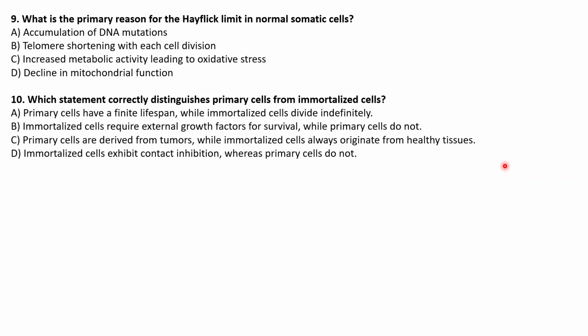A. Yeah, good. So that's correct. It is A. Primary cells have a finite lifespan, while immortalized cells actually divide indefinitely. So I explained that, right? That they have high telomerase activity, typically immortalized cells, which allows the telomeres to be maintained. They don't shorten, so they can divide again and again. While that's not the case for primary cells. Okay. All right. I hope that is clear for everyone.